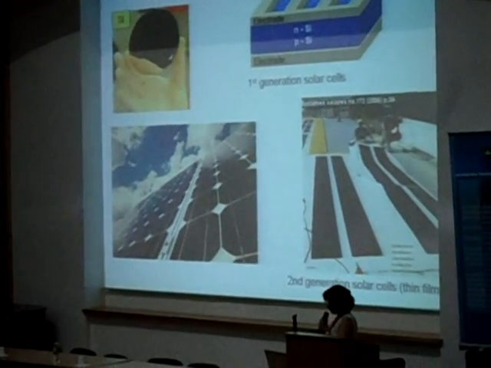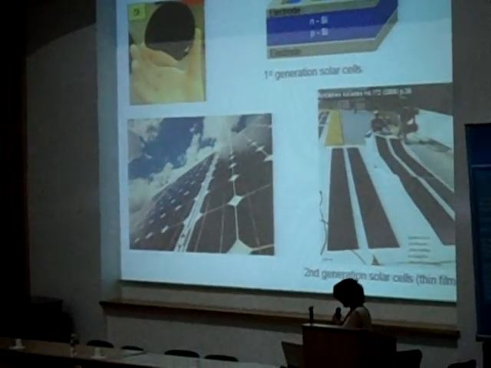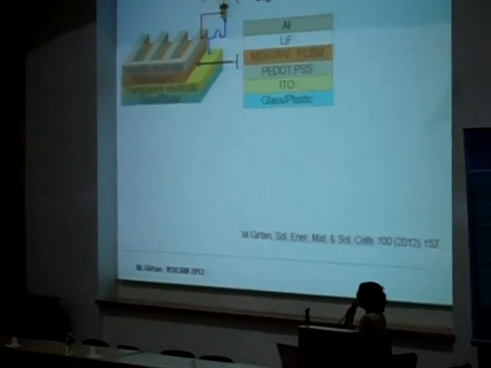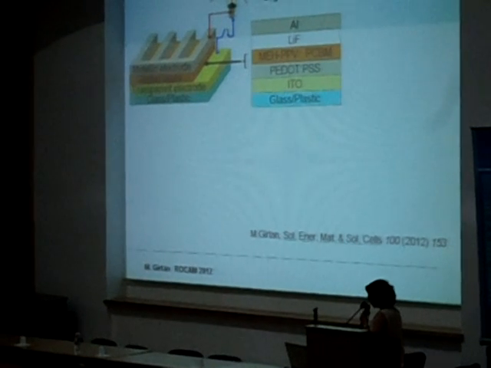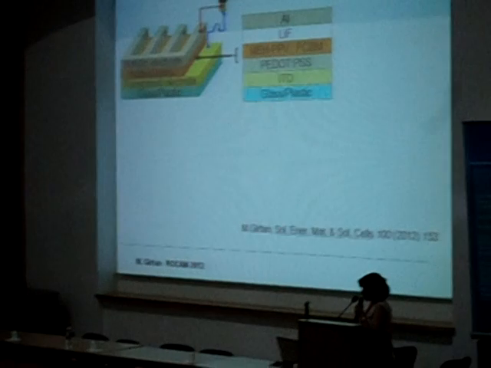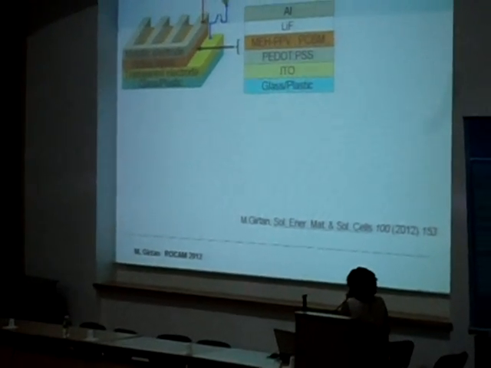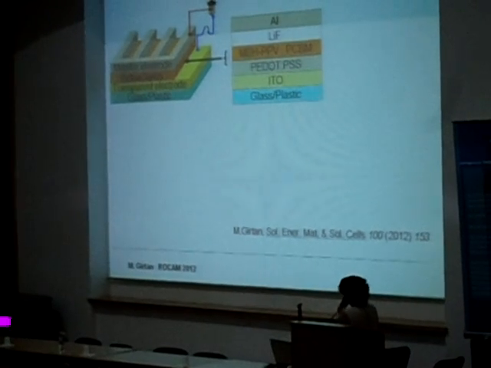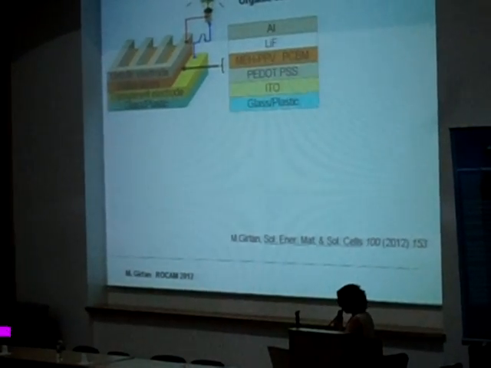Here again we have silicon, amorphous silicon. And also we have the third generation of solar cell, which are generally based on organic materials. So I will speak just a little bit about third generation solar cells, because I work mostly in this field.